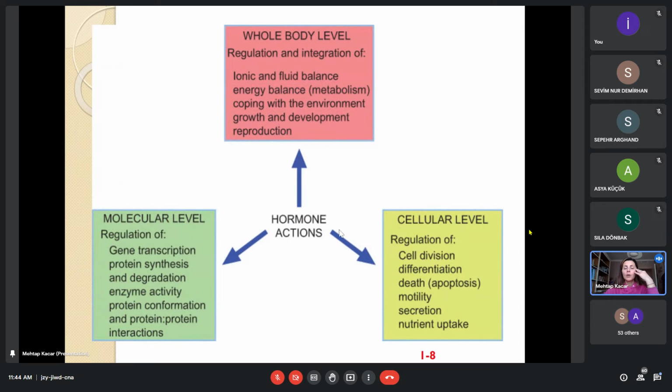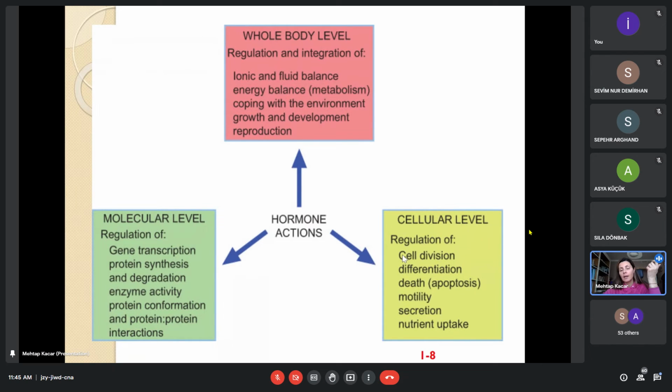And you can see hormone action at molecular level, cellular level, and whole body level. Hormones bind their specific receptor on the specific cell, and later lead to some changes at cellular level or molecular level. At molecular level, hormones can lead to gene transcription, protein synthesis, degradation, enzyme activity, protein conformation, and protein-protein interaction.